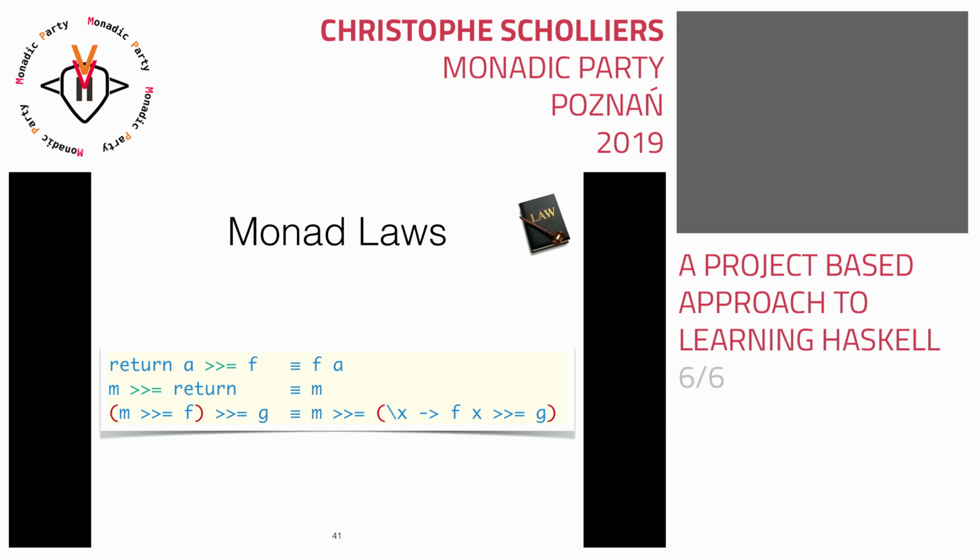A to Maybe A. Let's say that it's just 5, and then return is going to take the 5 and wrap it into a Just, and so that should be exactly the same.